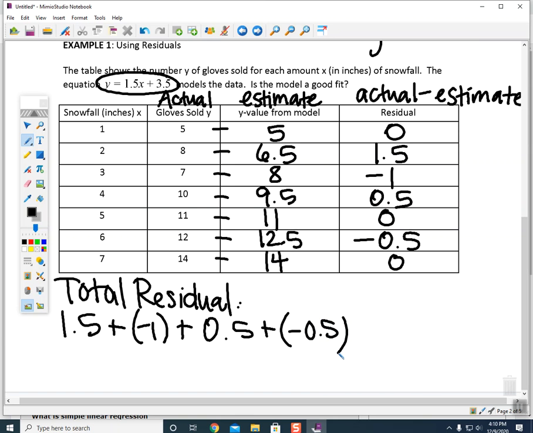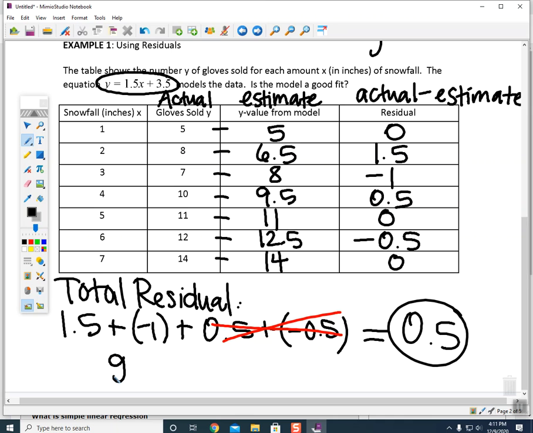These cancel out and just become 0. So then I just have 1.5 minus 1 gives me a total residual of 0.5. That is very close to 0, right? So this is a good model. It's a good model.